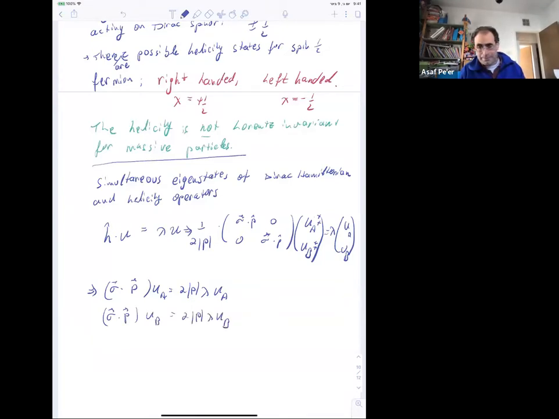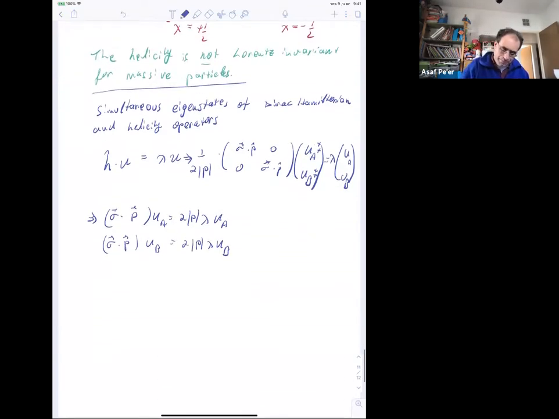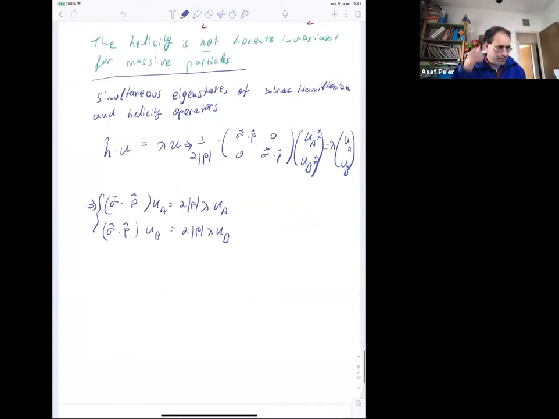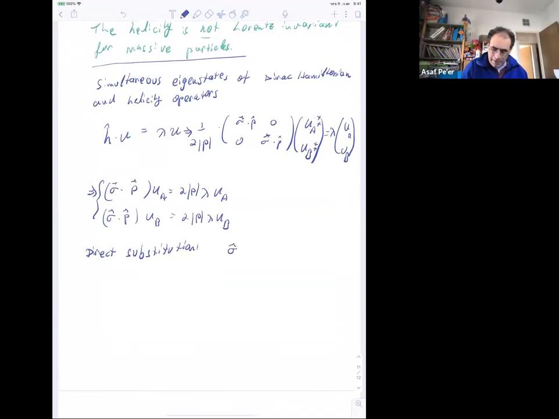That's great. Now we can do direct substitution. It's decoupled, we'll couple them in a second. And you'll find immediately that sigma dot p squared is just p squared.